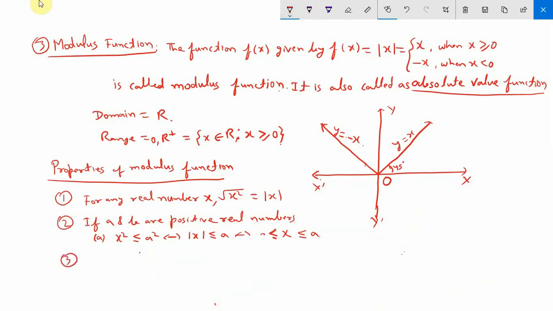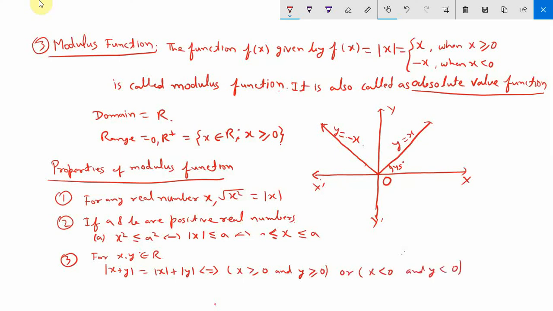So third one is for real numbers x and y. For x, y, which is an element of R, mod of x plus y equal to mod of x plus mod of y, and this will be equal when x is greater than or equal to 0 and y is greater than or equal to 0, or x is less than 0 and y is less than 0. So both will be of the same sign, then only this property will hold.